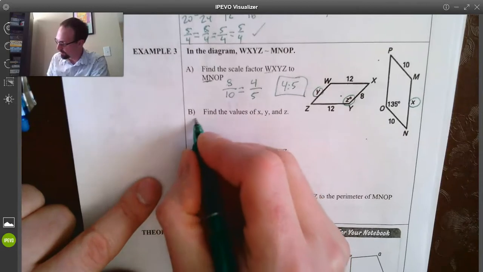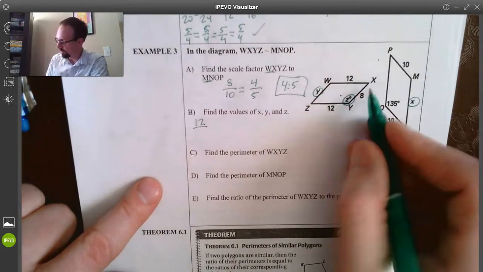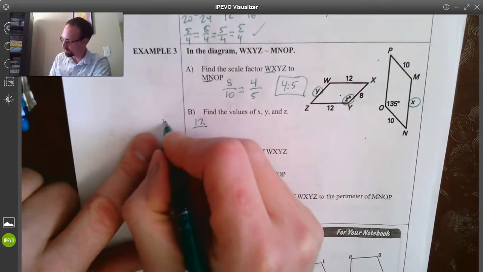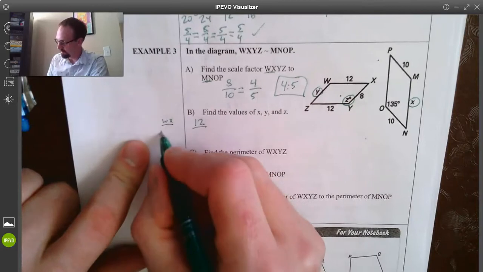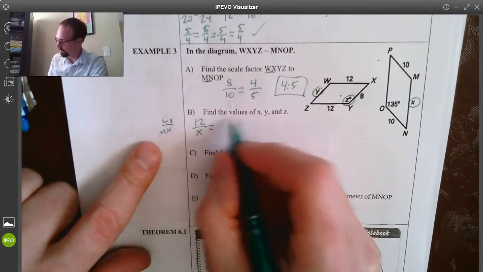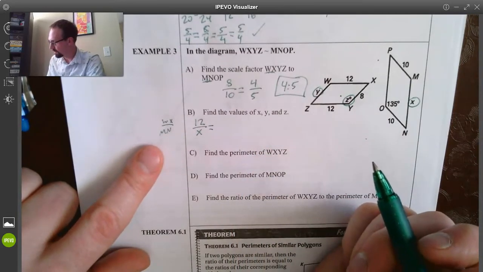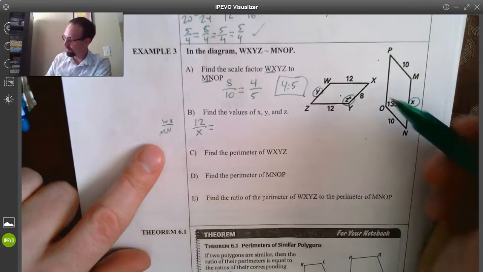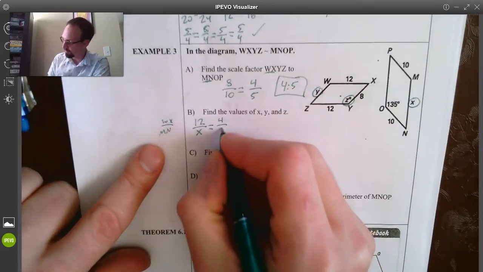We're going to do 12 first. So wx, that's our 12 here, over proportional m to n, so that's x here. And I'm going to set this equal to, from our scale factor, 4 to 5.